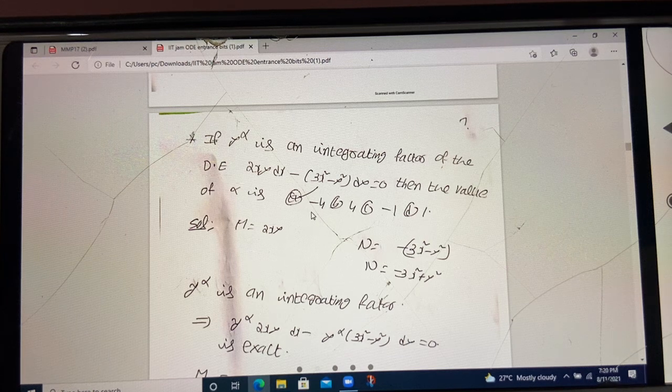If luckily the first option satisfies, okay. Suppose your option is the 4th one, then you will be wasting 3 attempts, taking y power alpha, y power minus 1 and multiplying each time. We don't know which will be your answer. Therefore, better you multiply and go to the definition. This is based on the original definition. Okay. Next.